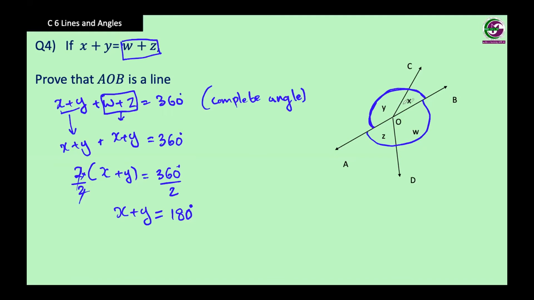X plus y is 180 degrees, which lets us know that the angle AOB is a straight angle, or AOB is a line. Simple, right? Let's move on to question 5.